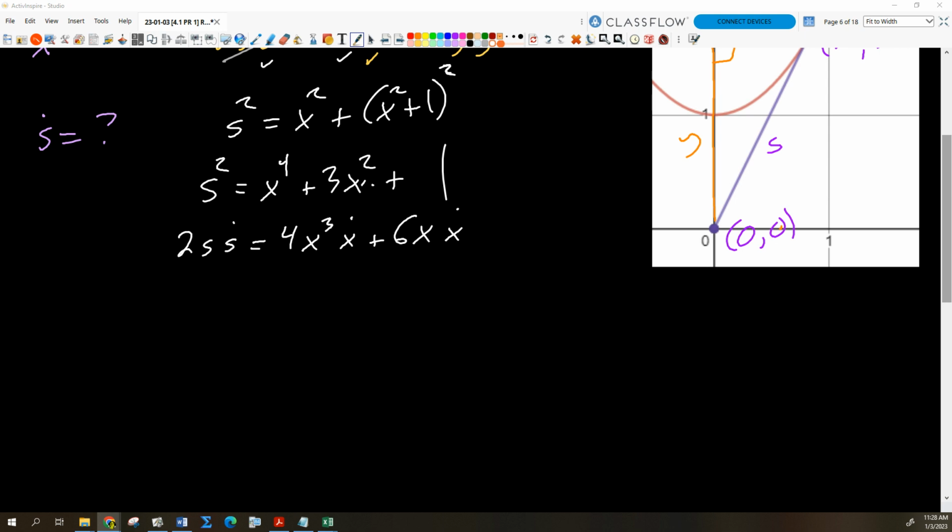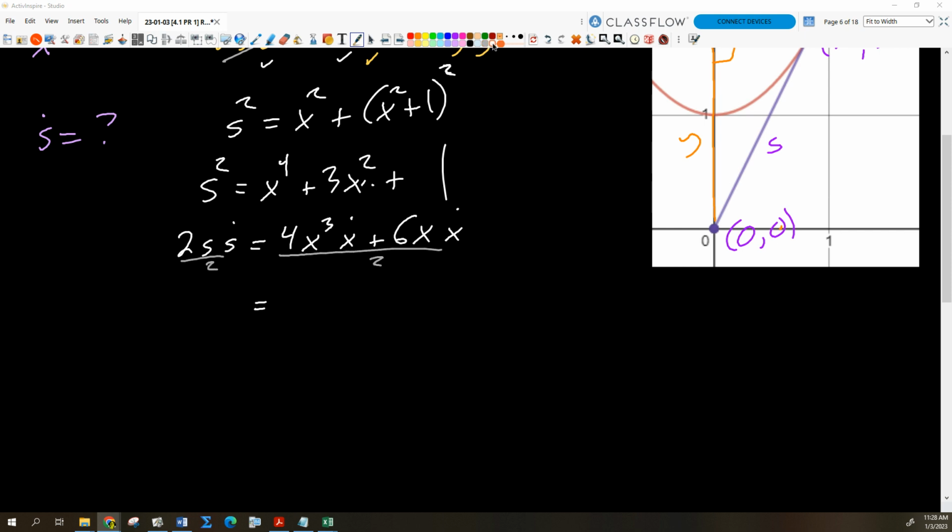So, anything else I could do there just to clean things up a little bit? Yeah, I could just divide both sides by 2. So let's do that also.